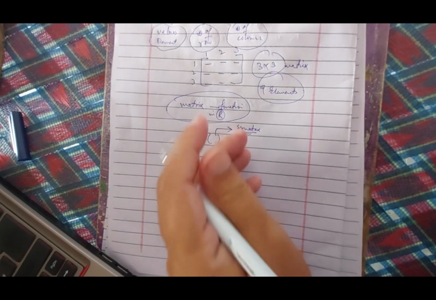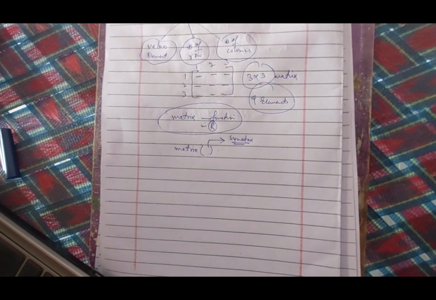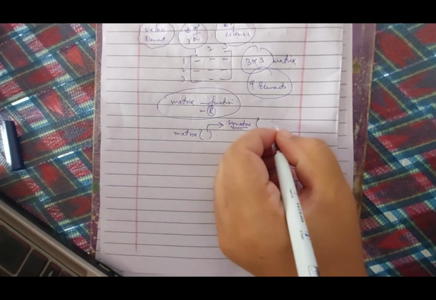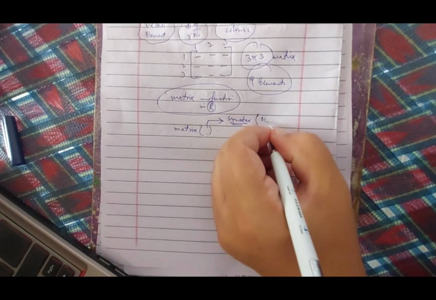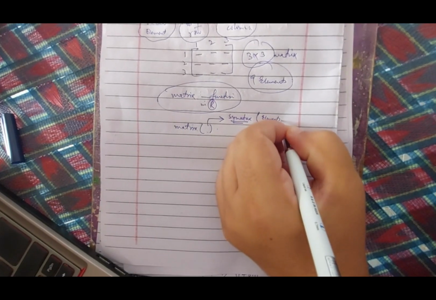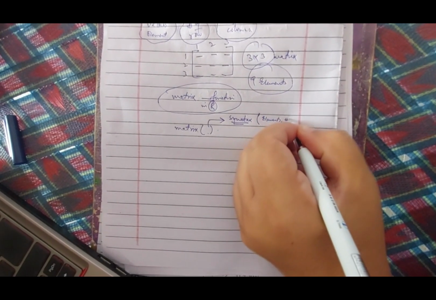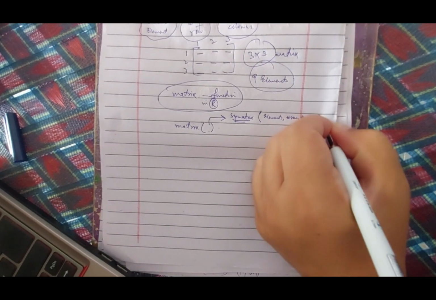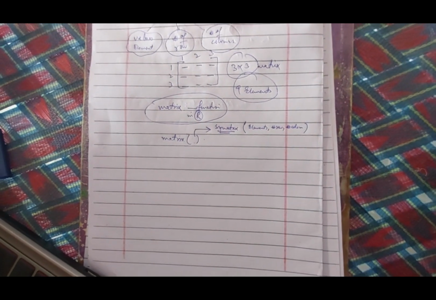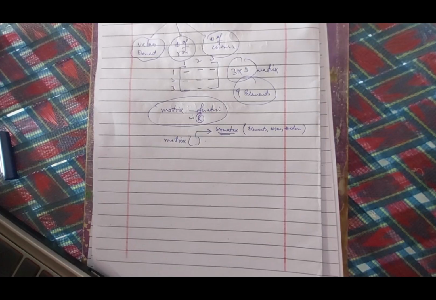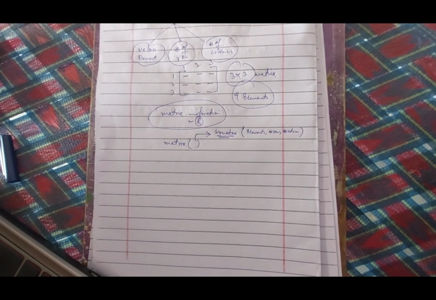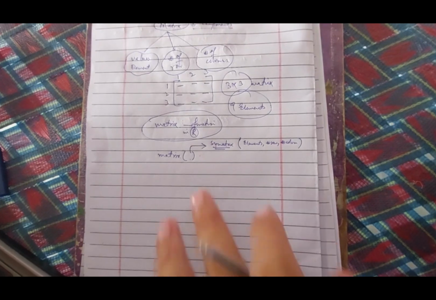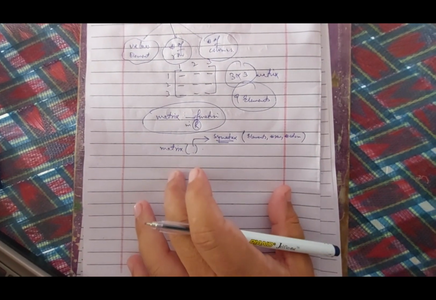Syntax is the way to define something in any language. So the syntax is: the very first thing is the elements, then number of rows, comma, number of columns. This is how we define a matrix.